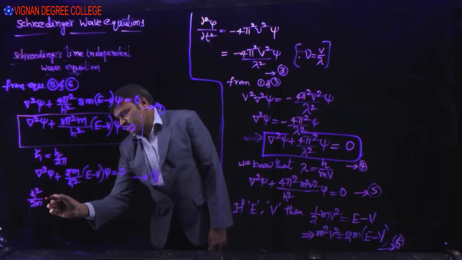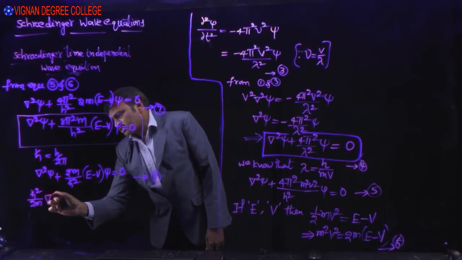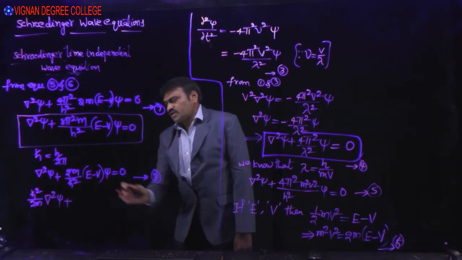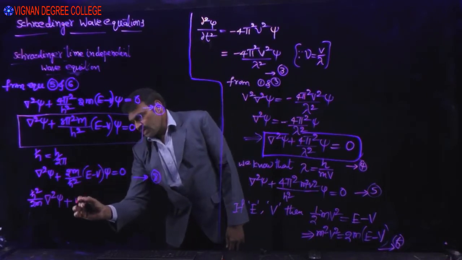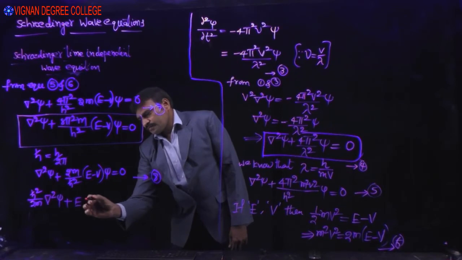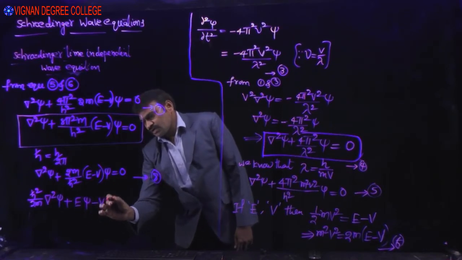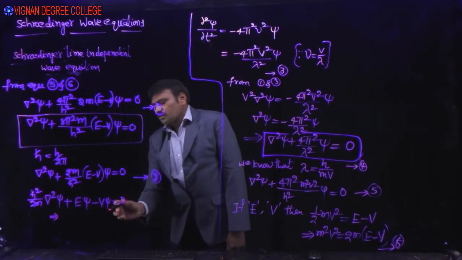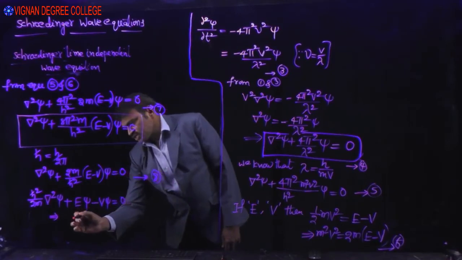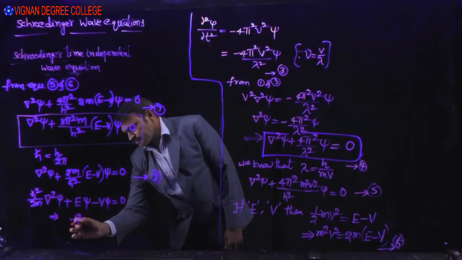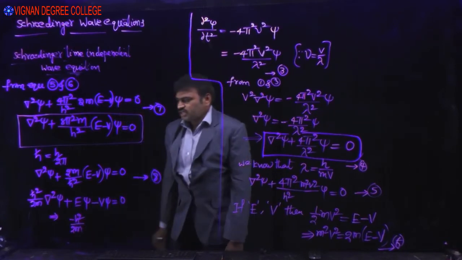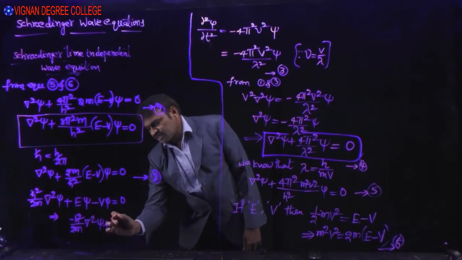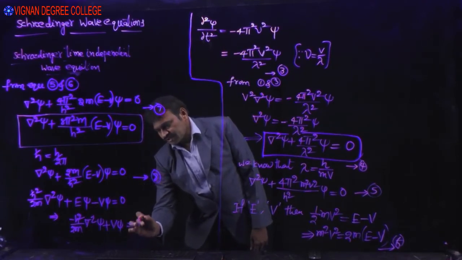Then the equation becomes h cut square by 2m del square psi plus, 2m by h cut square into h cut square by 2m cancelled, E psi minus V psi is equal to 0. This is equal to minus h cut square by 2m del square psi plus V psi is equal to E psi.